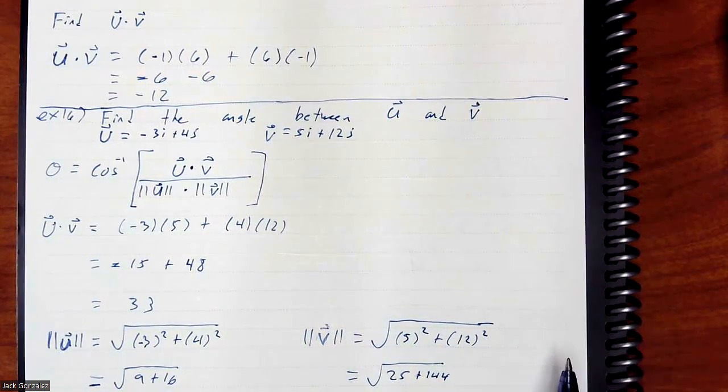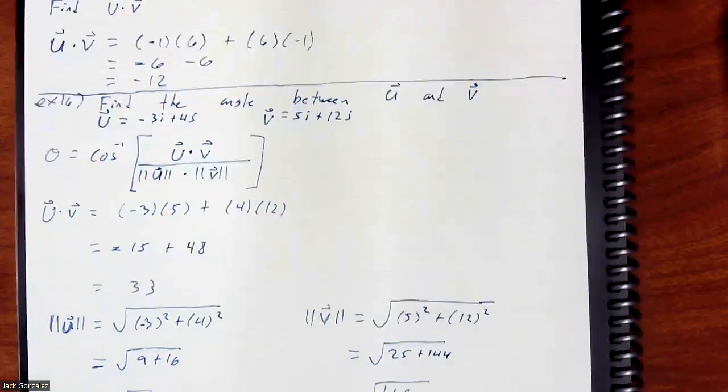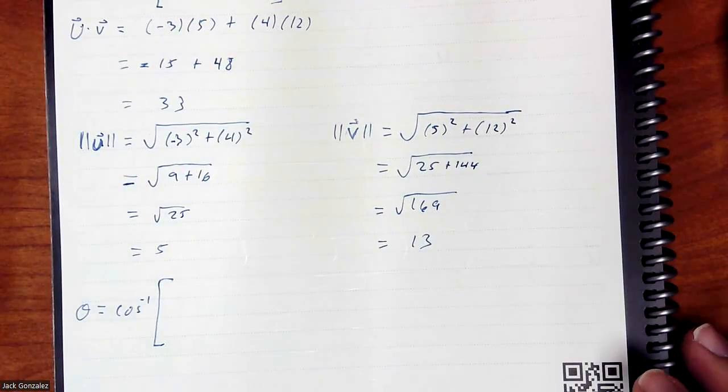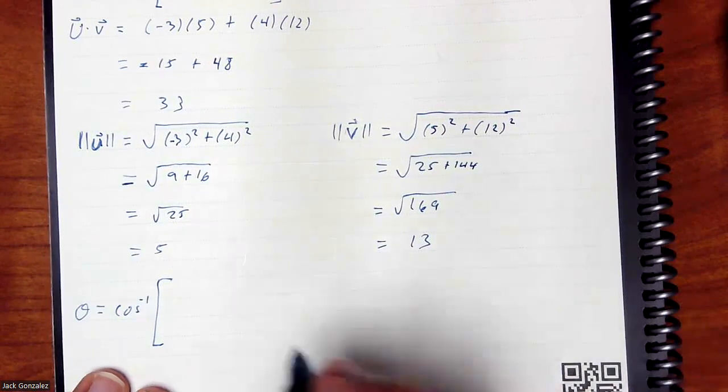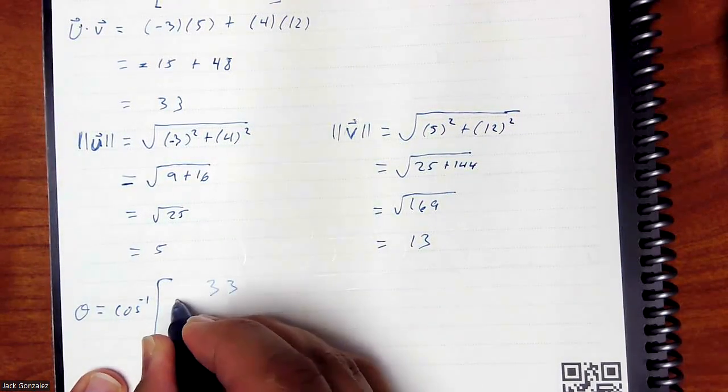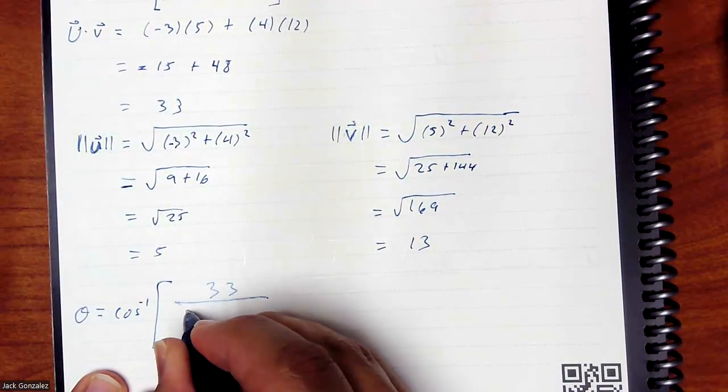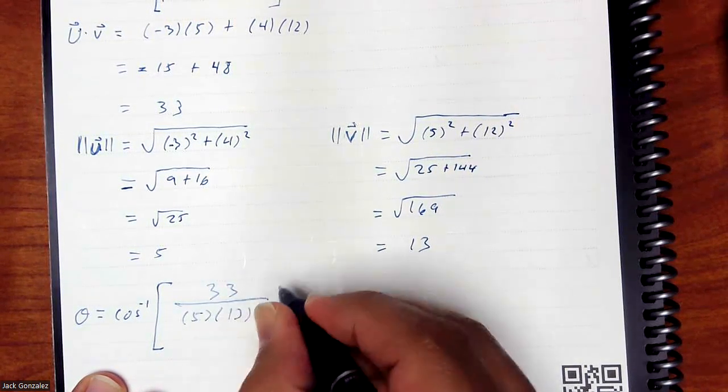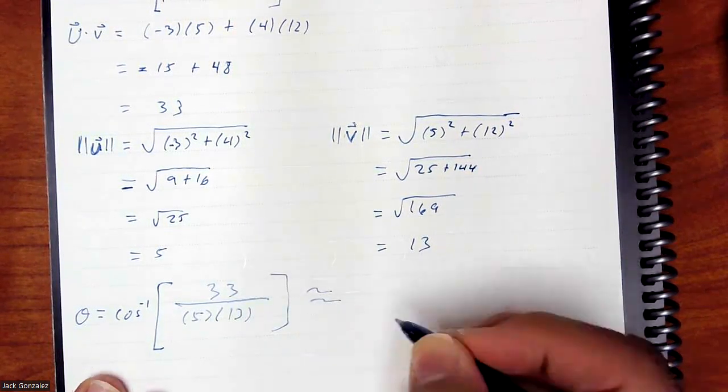The magnitude of v is 13. The magnitude of u is 5. So for the formula, just plug in 33 from the dot product divided by 5 and 13 into your machine. And that's it.